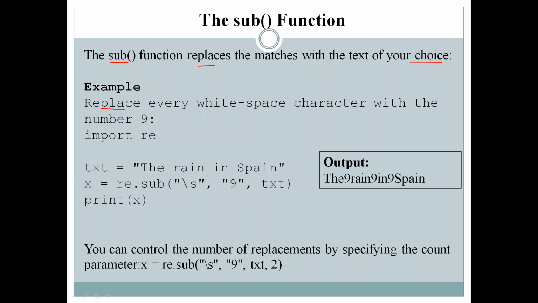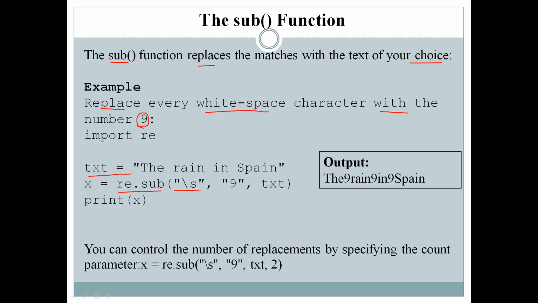Look at this example: replace every white space character with the number 9. In the given string, if there are white space characters, they need to be replaced with digit 9. How can it be done? Again, the text is the rain in Spain. Then we have used the function re.sub. We are passing 3 parameters to the re.sub function, remember. The first parameter is the pattern you are searching for. The pattern here is \s, meaning we are searching for a white space.